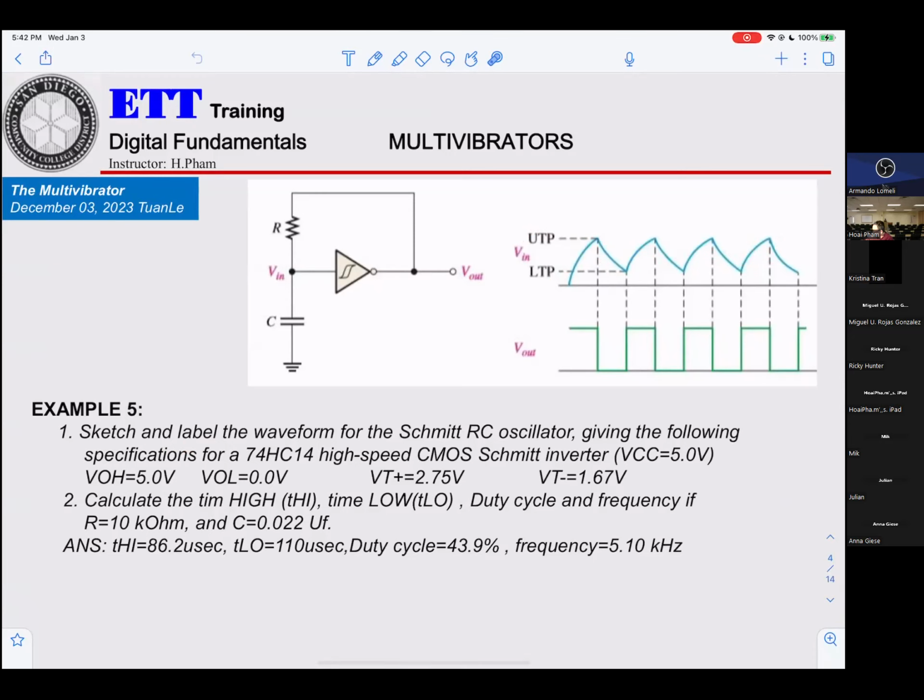Sketch and label the waveform for the Schmitt RC oscillator, given the following specification for the 74HC14 high-speed CMOS Schmitt inverter. VCC equals 5 volts. V out high is 5 volts. V out low is 0 volts. VT plus is 2.75 and VT minus is 1.67.